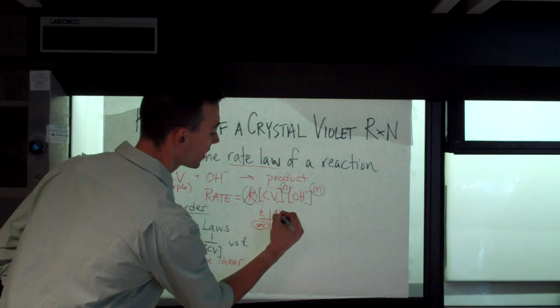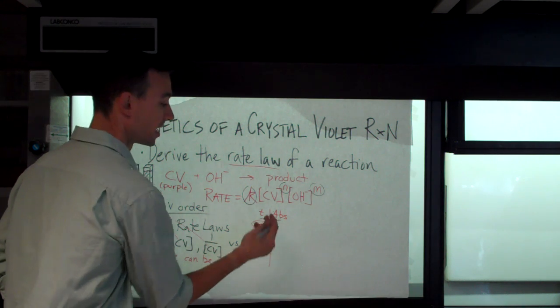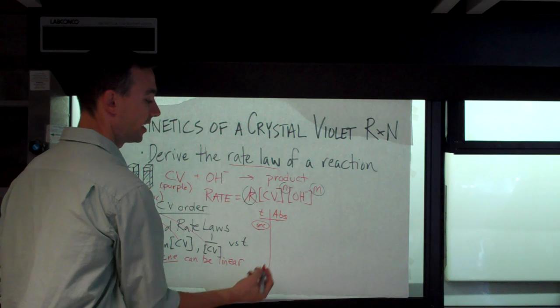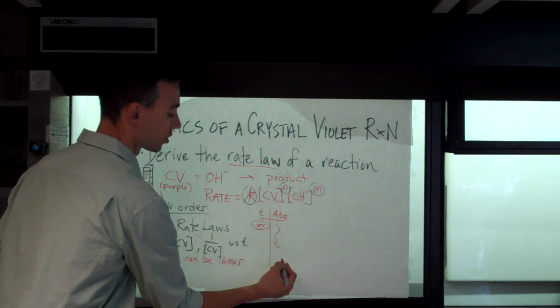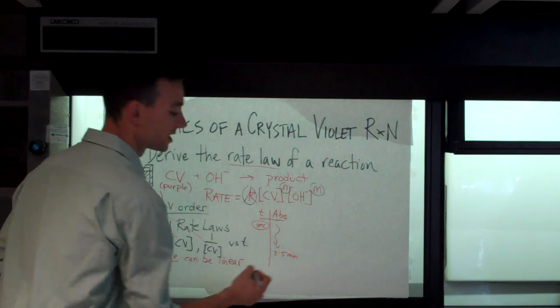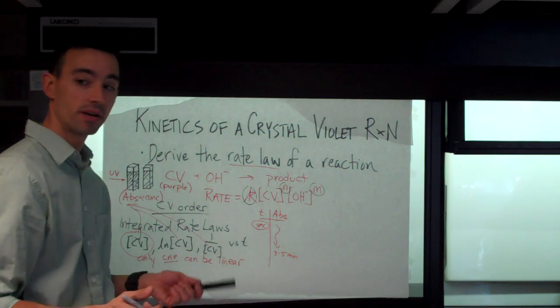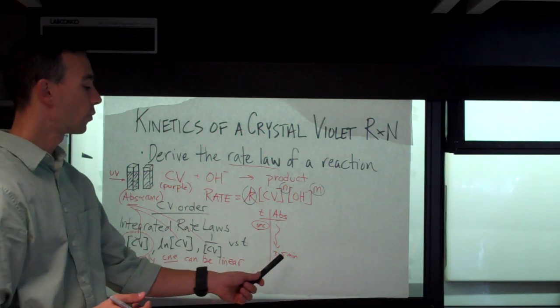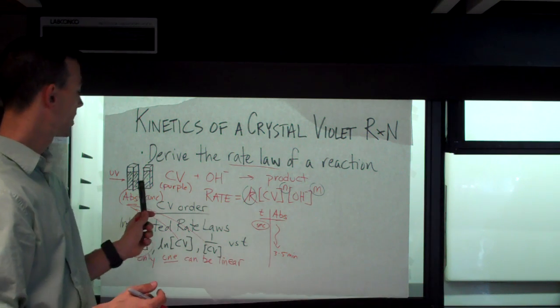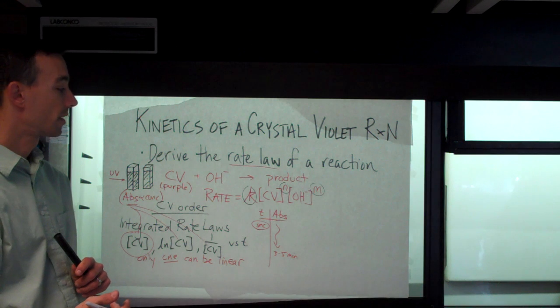And then the other values would be the absorbance. So the absorbance depends on the time. All right? And so you'll collect an absorbance every 3 to 5 minutes. There's no reason that it has to be exactly at 3 or exactly at 5, but you would want to record the exact time when you measure the absorbance of your sample.